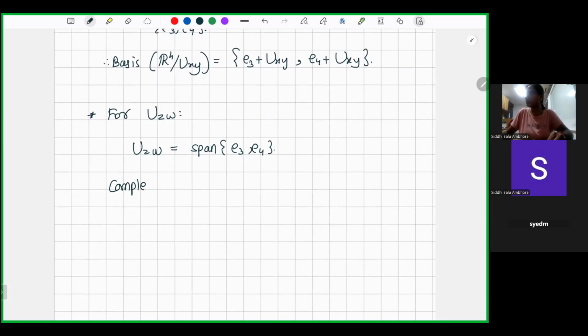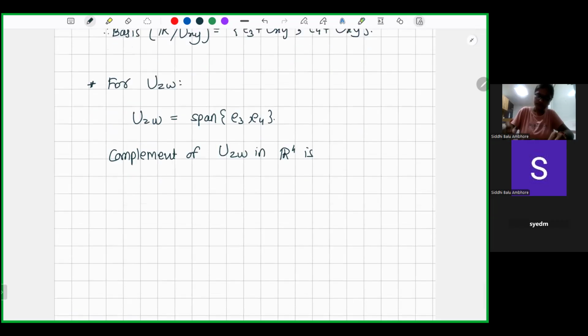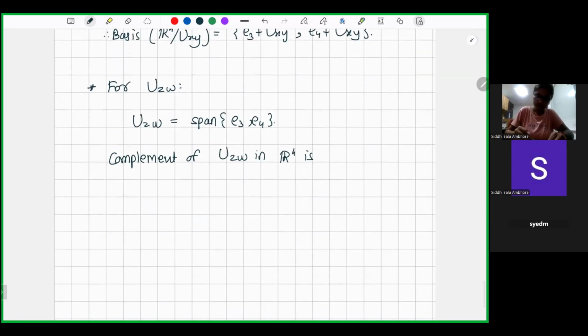the complement of Uzw in R4 is generated by, it's spanned by E1, E2.